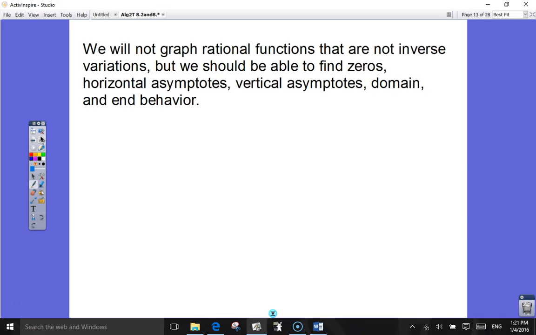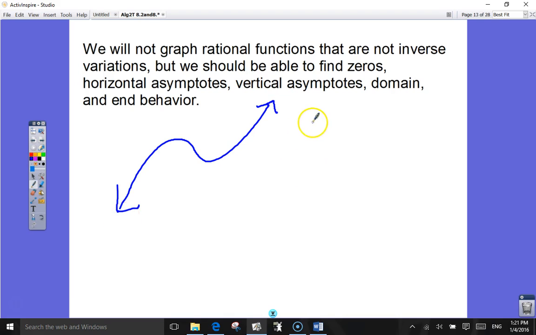End behavior with polynomials, if you remember, looks something like this. We would say as x approaches positive infinity, it looks like y approaches positive infinity. As x approaches negative infinity, it looks like y approaches negative infinity. Those are the kind of answers that we got for that.